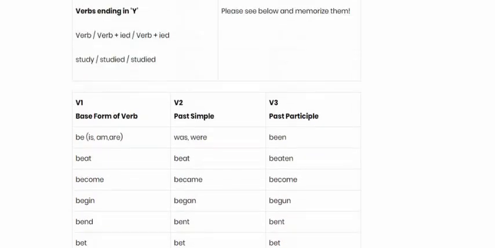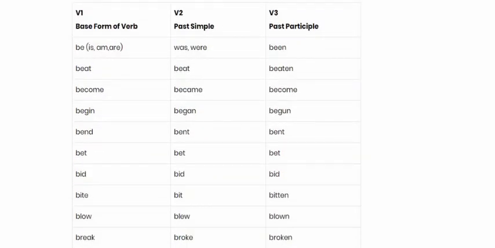But you must be thinking, how do I remember these V3s? Friends, this is the reason why whenever you ask anyone how can you master English, they say you have to read a lot of books, you have to watch a lot of English movies, you have to read newspapers, because there is no shortcut to memorizing V3.